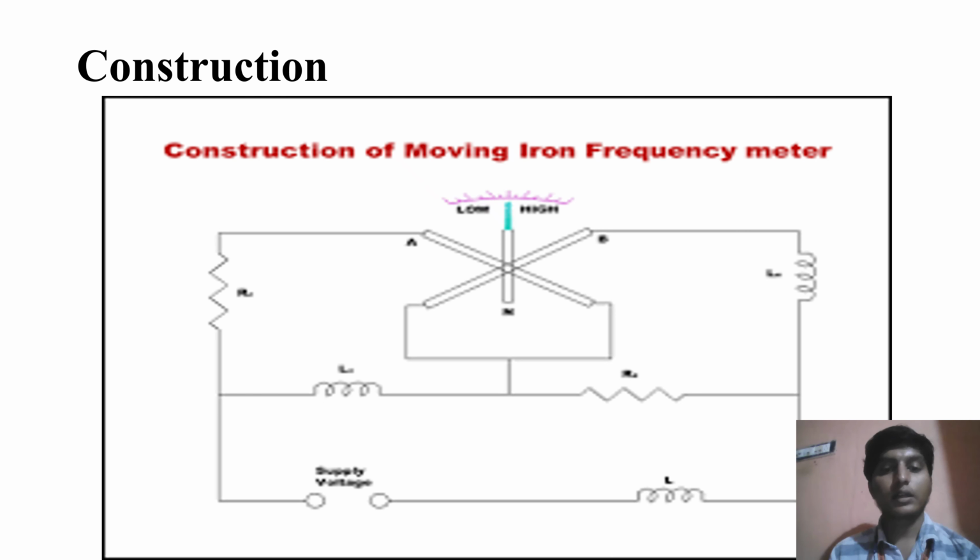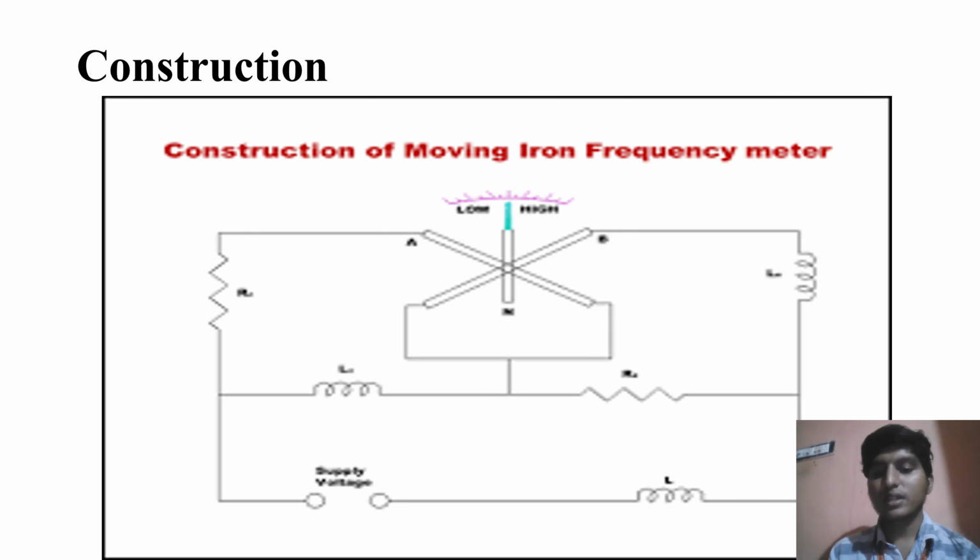We connect the A and B coils, and the soft iron piece is perpendicularly placed between coil A and coil B. The inductance LA and resistance RA are placed in parallel in the circuit, and we give the supply voltage here.